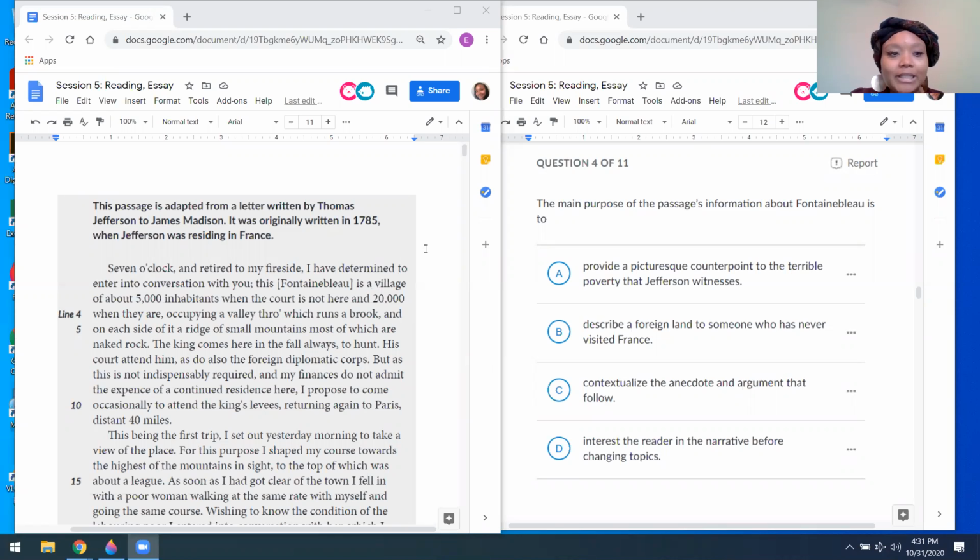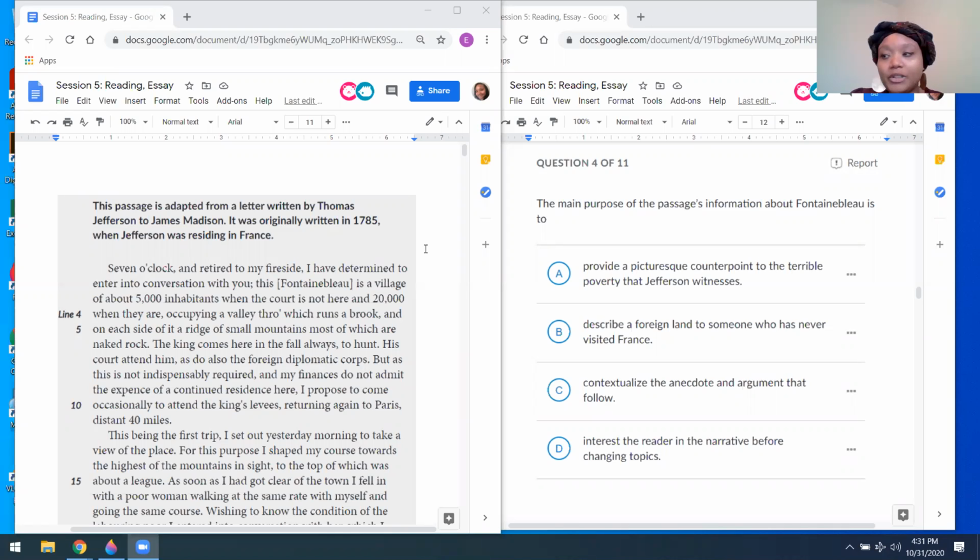He doesn't write it in a particularly interesting way. He's not trying to entice us or make us think that it's this great area. He's just describing it. He's giving it as a side detail, he's giving context.